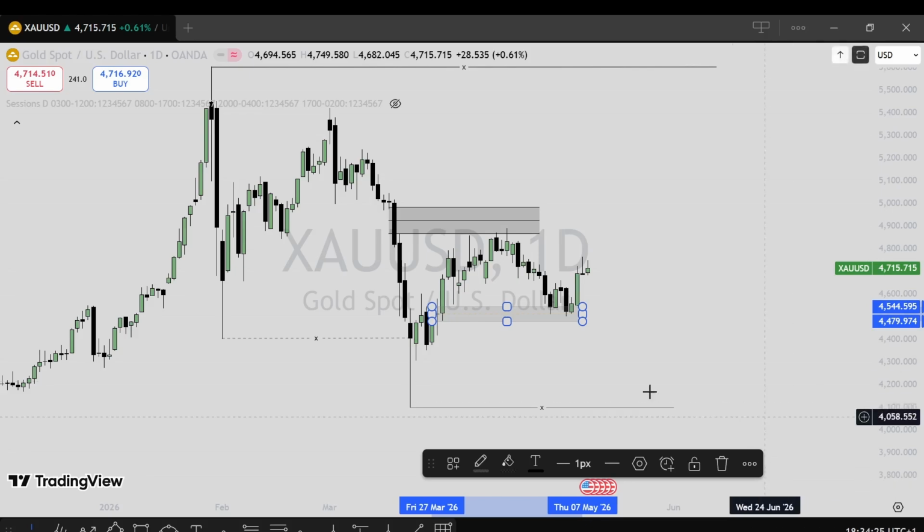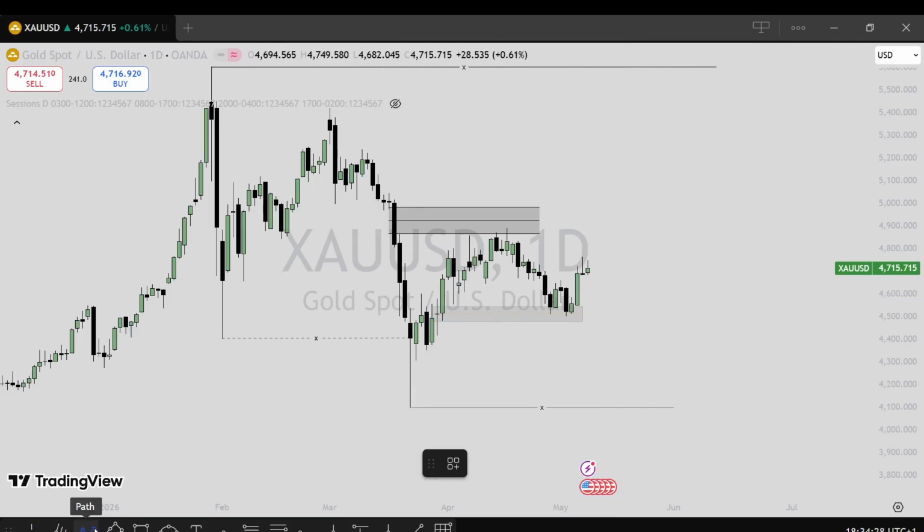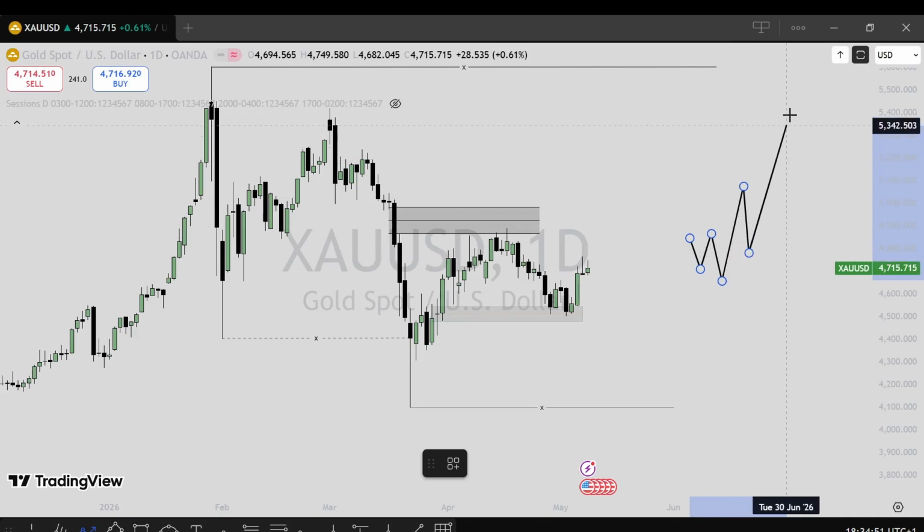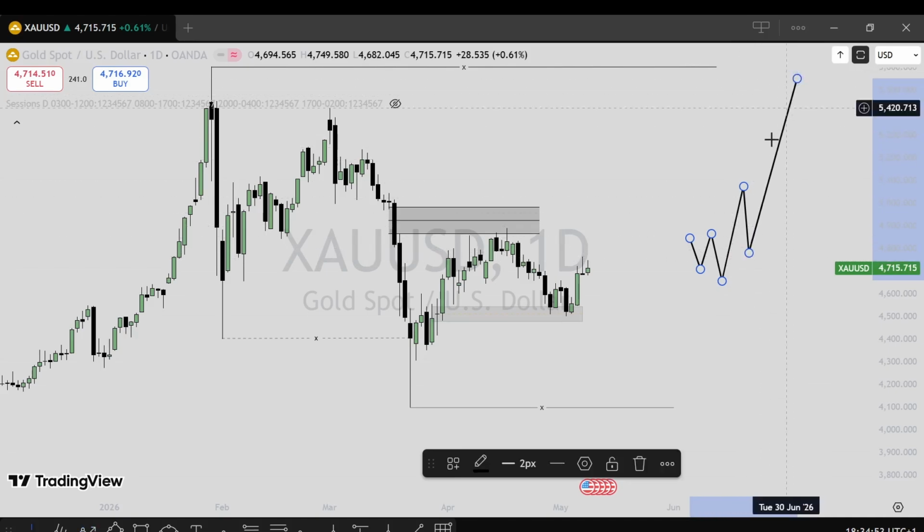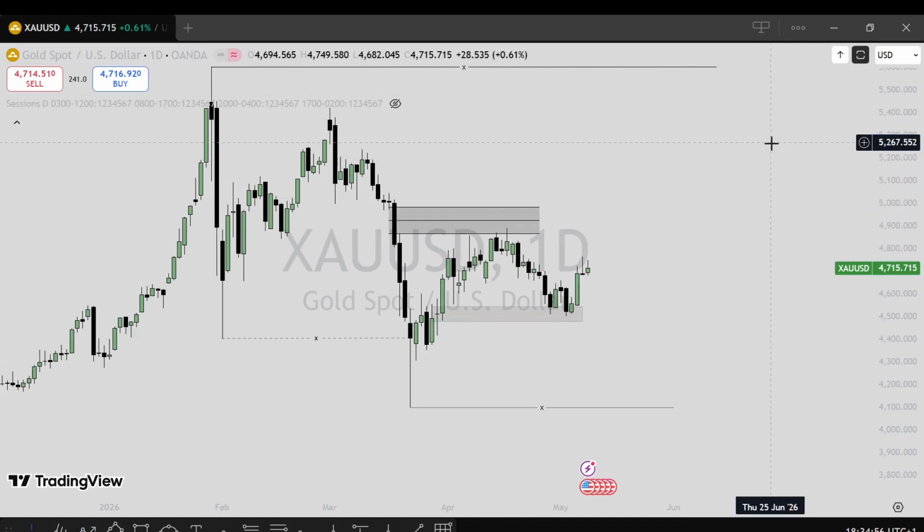Firstly, as price gets to my institutional reference point, I'll be expecting a liquidity sweep and a shift in market structure. Then I will expect price to come down to my discount zone and mitigate or fill up an imbalance on my discount zone or another block. So then I will project it to my target.